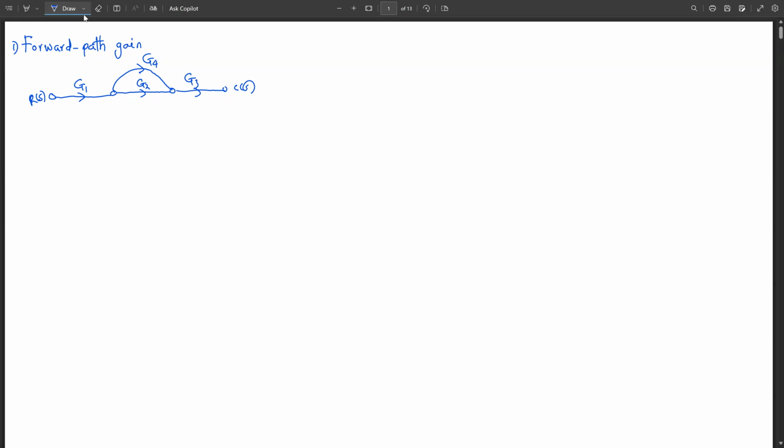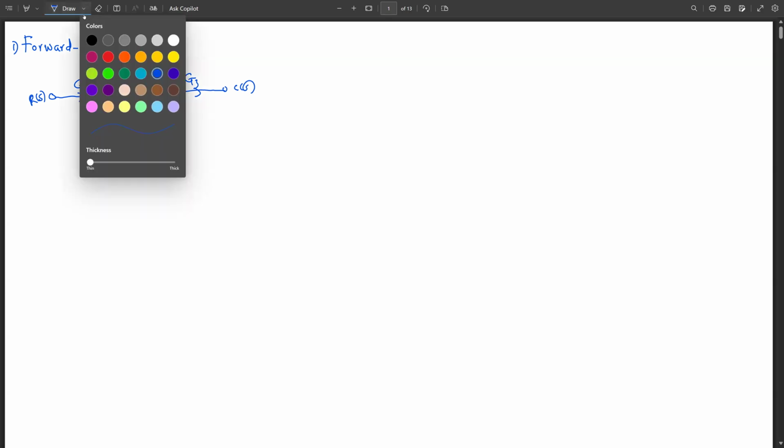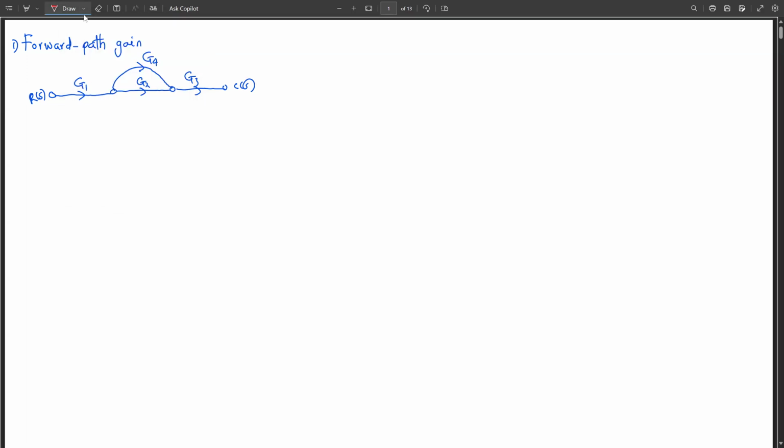If you look closely, you can see that we can move from the input node, which is here, to the output node here, by moving from this side and then straight to this side. That's our first path, right?